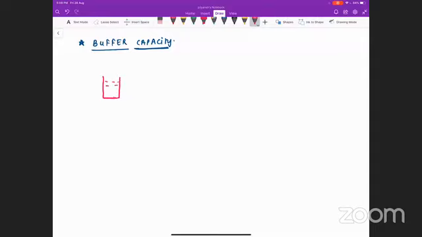Let's say this is water, and this water has a pH of, let's say, 7. Now we add a base to this water, then the pH will shift towards the basic side. As you add the base, the pH will shift towards the basic side.